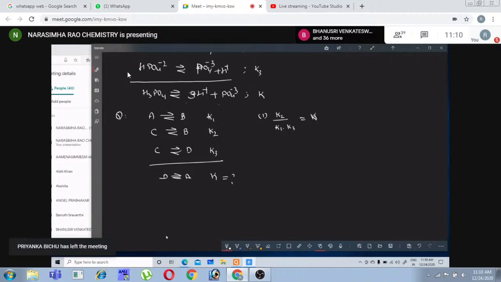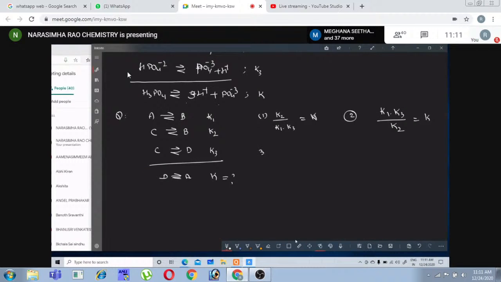So many students are in the class. Vasavi, Akshita, K1 into K3 by K2. It's inverse, sir. K1 into K3 by K2 is equal to K. Is anybody in the class? Children, tell me. Priyanka, Rakesh, Uma Prasad. Children, what are your answers? Tell me, don't waste our time, please.